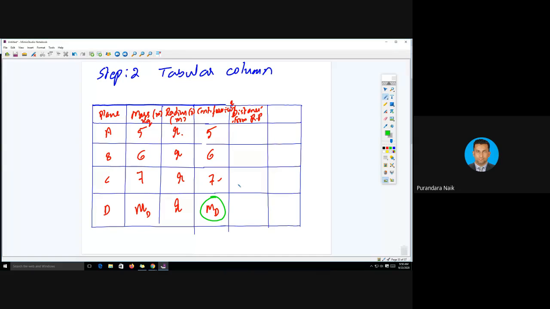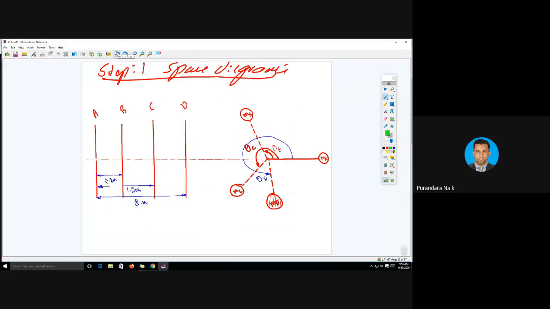Is it okay? Yeah, take D as the reference plane.